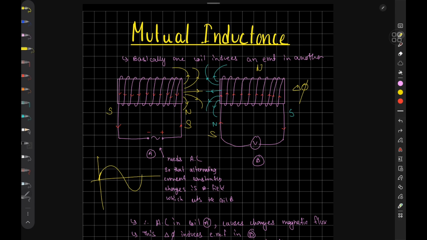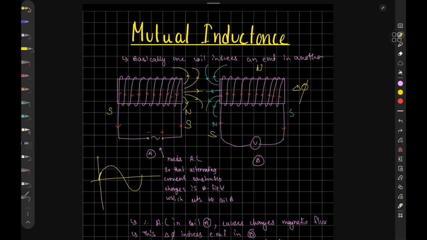Okay, so that is in summary how you answer a question. They will ask you questions according to how the transformer works, how the secondary coil EMF is being induced. So if you just play back the last few sentences I said, that is in essence how you answer those questions.